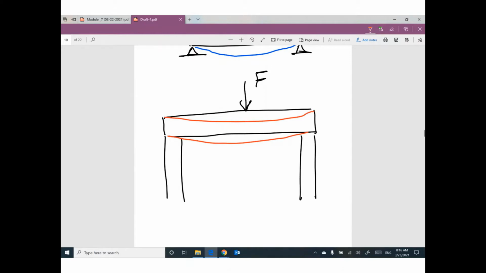This deformation can be divided into distance or deflection. The point moved down by a distance. This distance is called deflection.